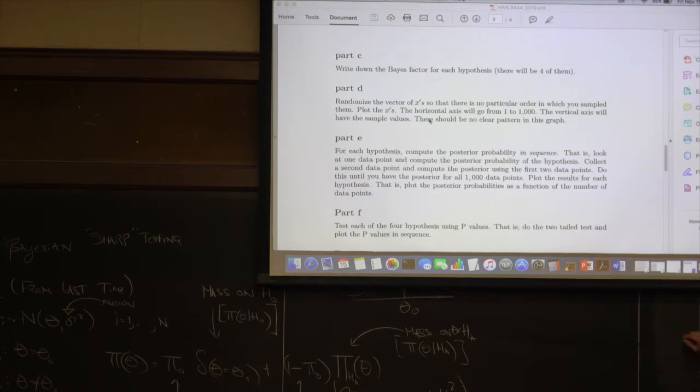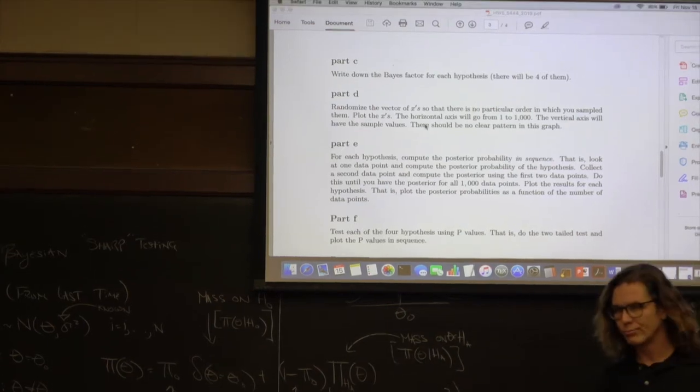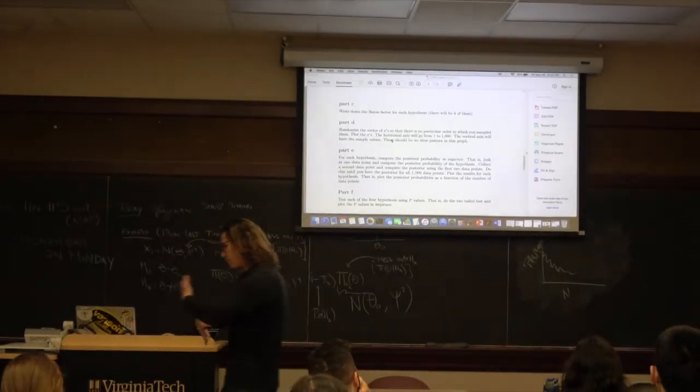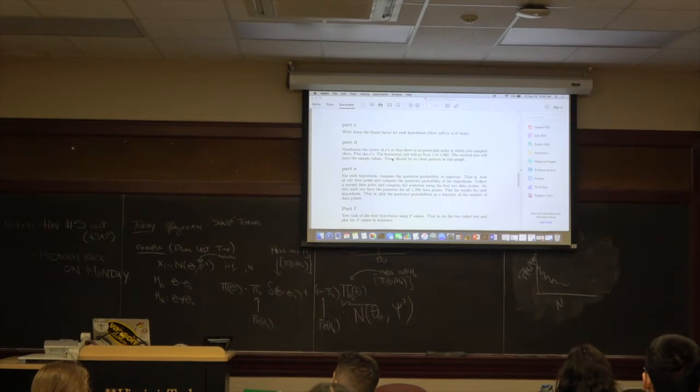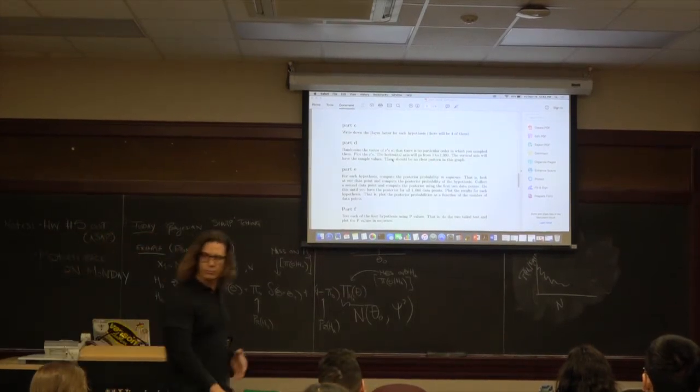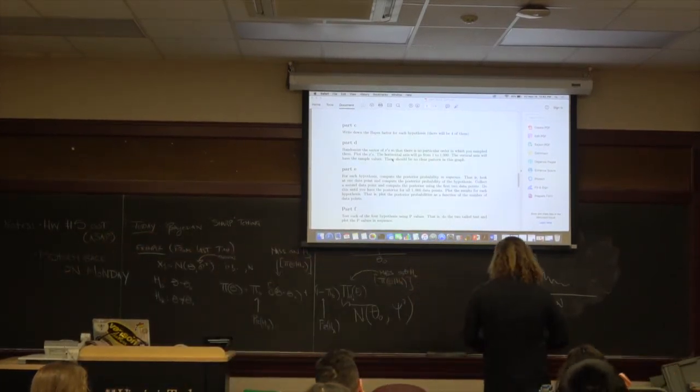So I want you to show what the P(H naught | data) is, and I want you to show what that posterior probability is doing. Keep in mind, the 4 posterior probabilities, if the data is ordered exactly the same, should add up to 1. So, okay, Bayesians are coherent.